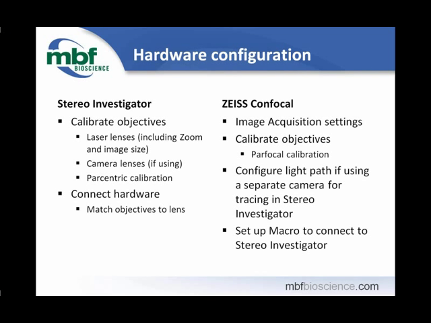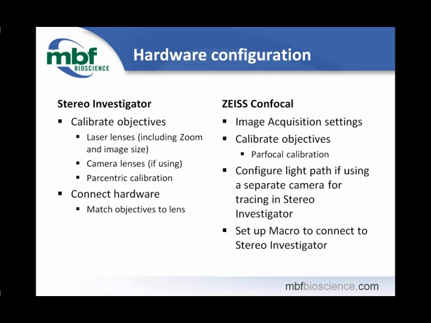Great. On the ZEISS confocal side, you will be familiar with using Zen software to set your image acquisition settings. In addition to using Zen for that, we will also require that the objectives are calibrated and the parfocal calibration is done. When you're using a separate camera to do your tracing in Stereo Investigator, we'll configure the microscope to automatically select that light path when you want to use that device.